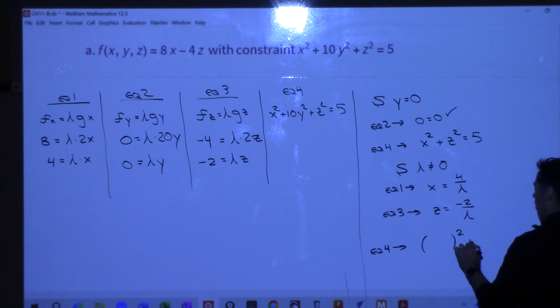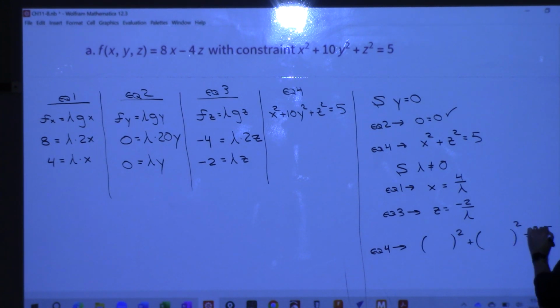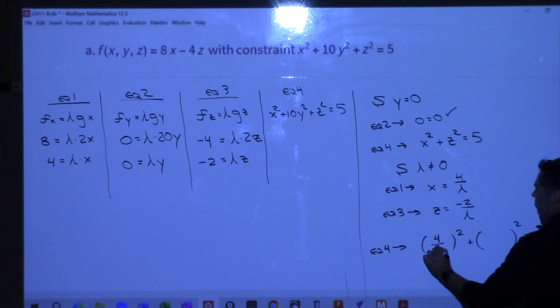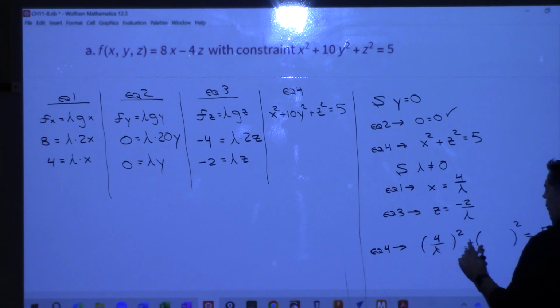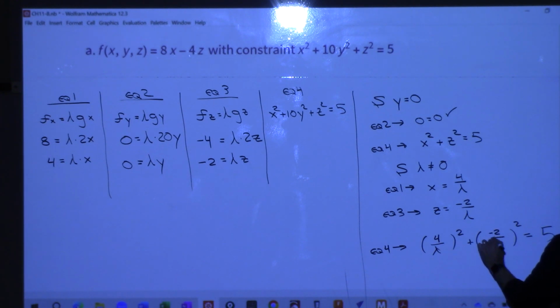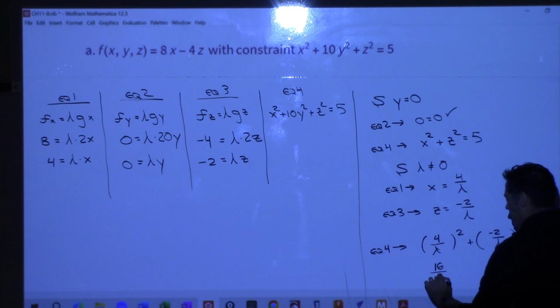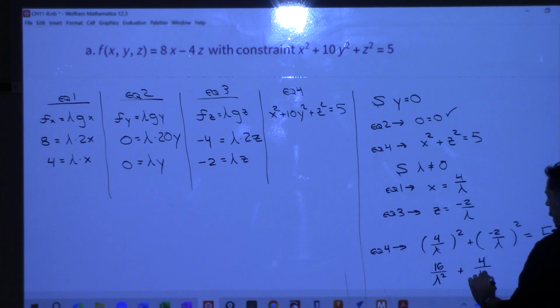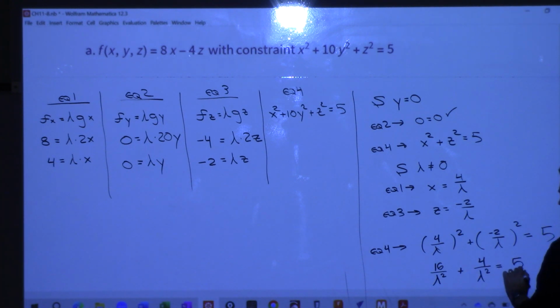Equation 4 becomes x squared plus z squared equals 5. Okay, what is x? 4 over lambda. And z? Negative 2 over lambda. Square those. 16 over lambda squared plus 4 over lambda squared equals 5.